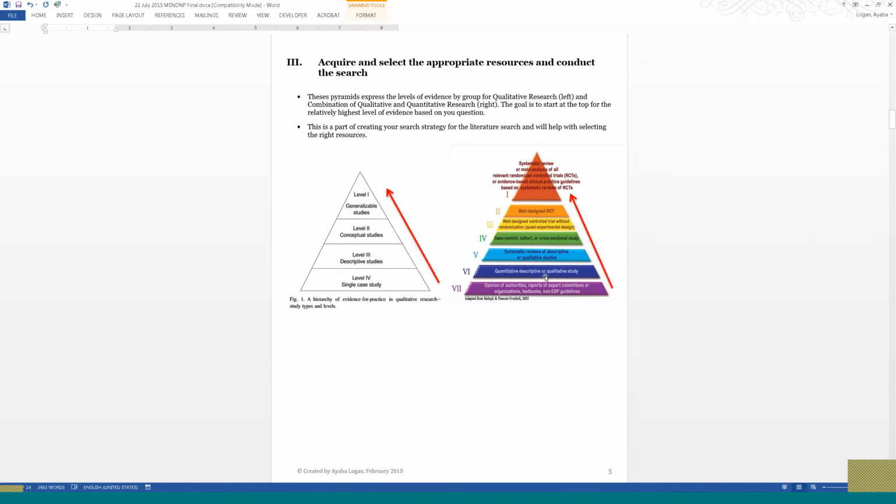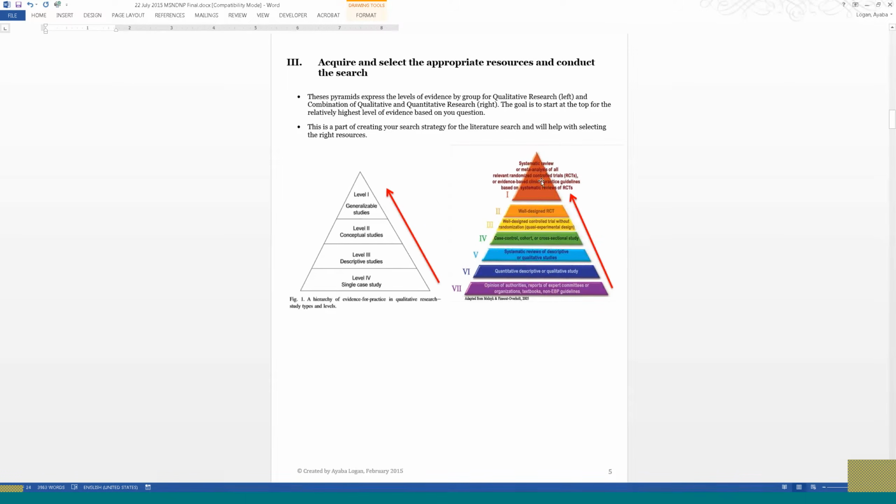Next comes the qualitative studies or quantitative descriptive studies. Then comes systematic reviews of descriptive studies or qualitative studies, case-controlled, cohort and cross-sectional studies, well-designed controlled trials without randomization, well-designed randomized controlled trials.